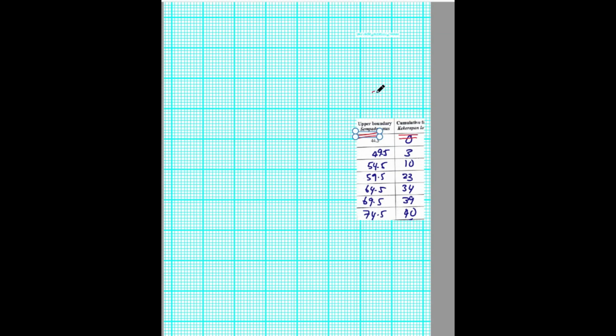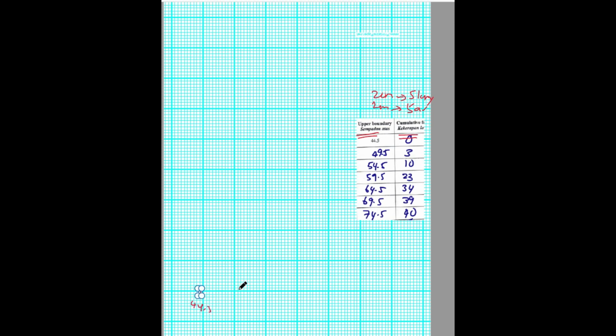We see 2 cm to 5 km per hour and 2 cm to 5 cars. From 49.5 to 54.5 is 5 km, which means 2 cm. We start with 44.5, so maybe we can start here.